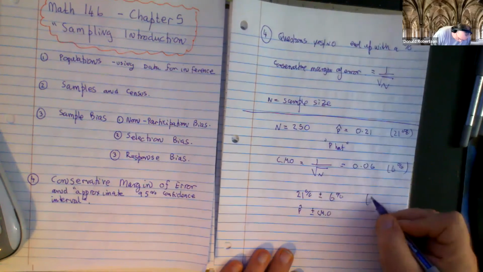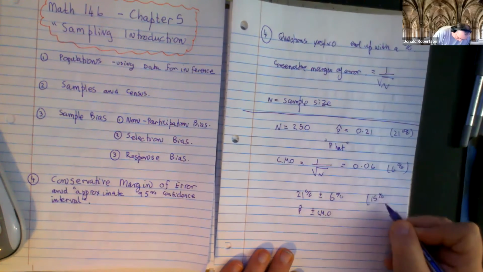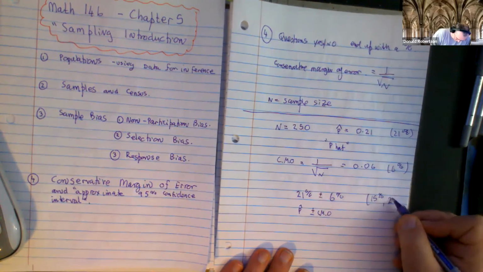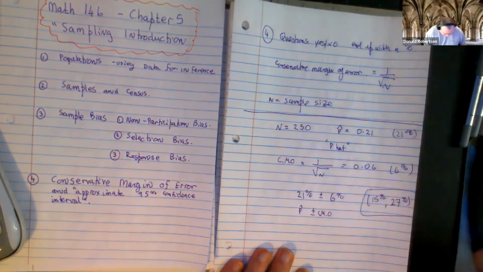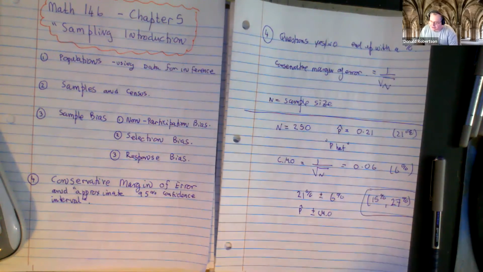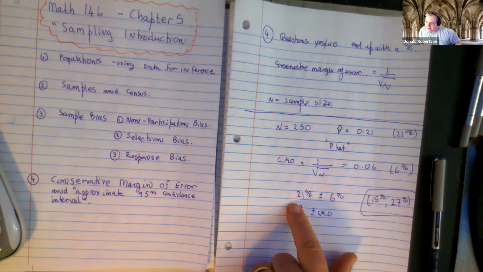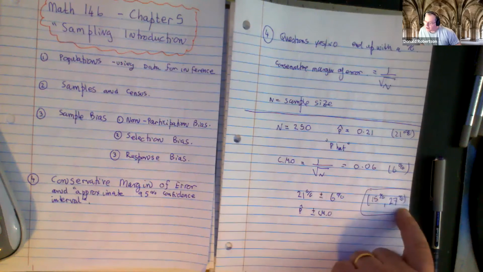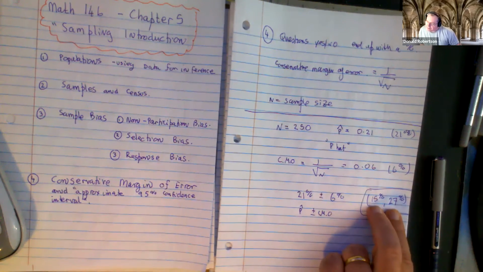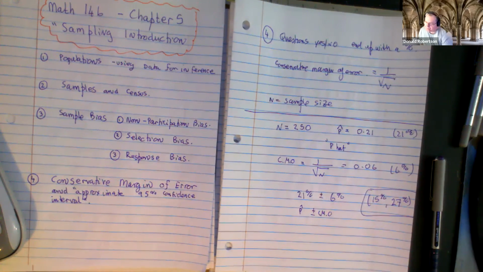So the real answer could be as low as 15%, and it could be as high as 27%. But don't you get a kind of ballpark figure of where the real answer is now? Right? 21%, give or take 6%. That's quite a wide margin, but at least you know something, right?